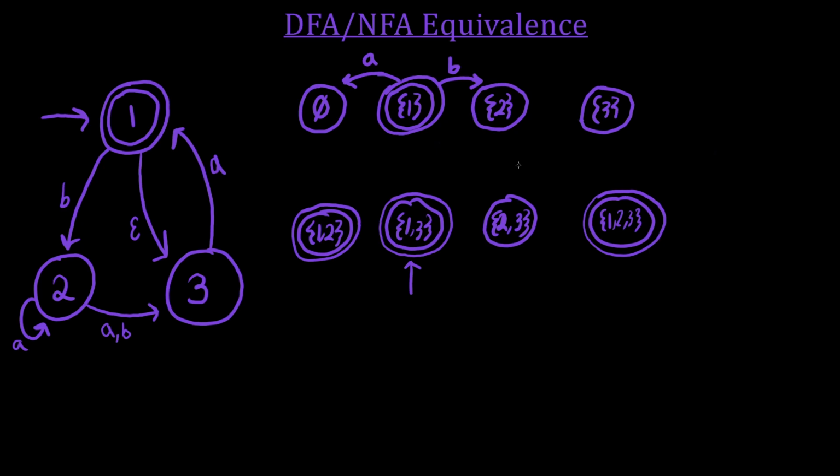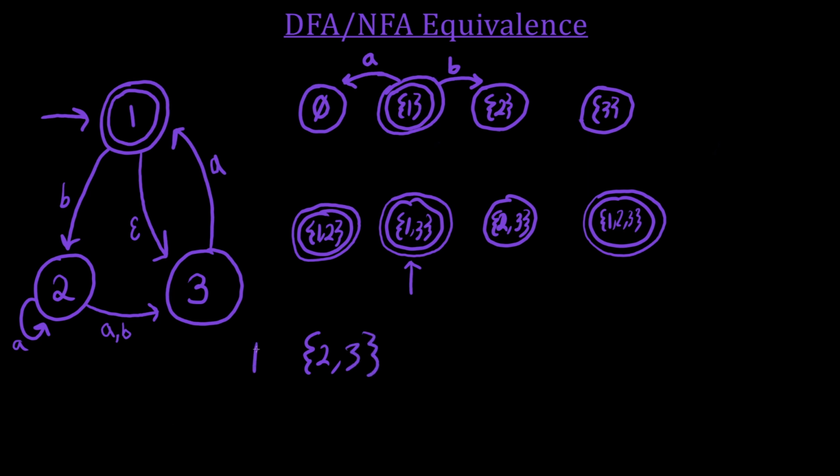Great, so we've just filled out all of the transitions on state 1, so let's do the same for the rest of the states. Now we're looking at this state that corresponds to just being in the state 2 in the NFA. Let's start at state 2 in the NFA and figure out what states are reachable on the character A. On the character A, we can take this self loop back to 2, so 2 is going to be in our set, or we can take the transition to 3 on A, so 3 is also in our set.